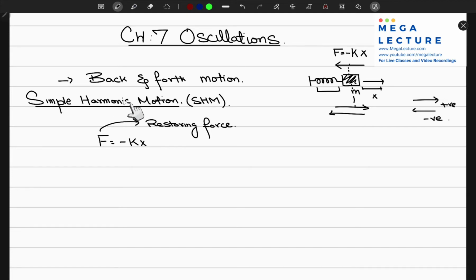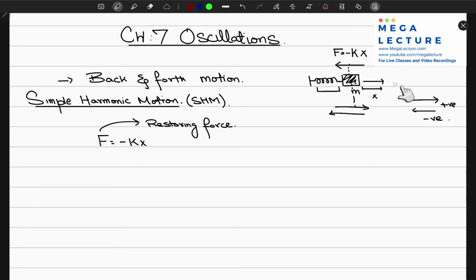Now, a simple harmonic motion is described as a vibratory motion in which this restoring force is directly proportional to the displacement from the mean position, and it's always towards the mean position.